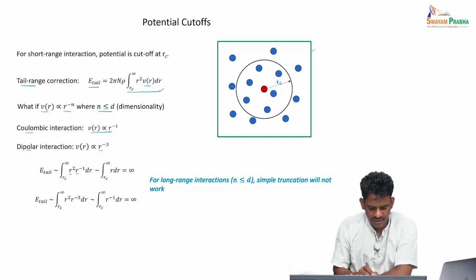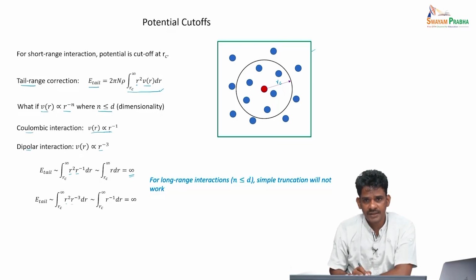The net would be the integral of r dr, which gives r square by 2, and when you put the limit of RC to infinity, this integral will diverge. Similarly, for dipolar interactions you have the factor r square, and V of r is 1 by r cube, which gives 1 by r, and the integral of this gives ln r, and the logarithm of r in the limit of RC to infinity will also give you infinity.